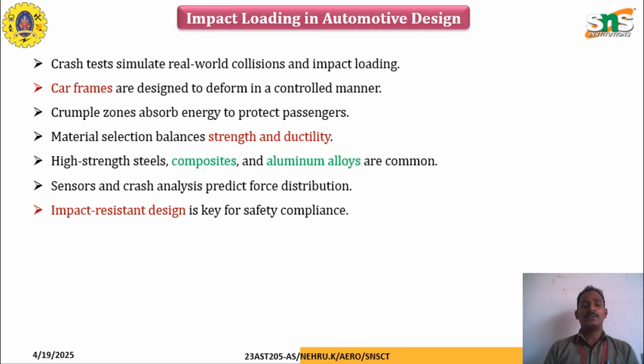The crumple zone absorbs energy to protect the passenger, and the material selection balances strength and ductility. Steel, composites, and aluminum alloys are a few common materials used in this crumple zone. Sensors and crash analysis predict force distribution, where impact-resistant design is a key safety factor or compliance requirement in automotive design.